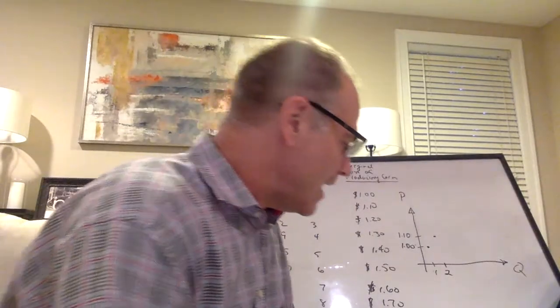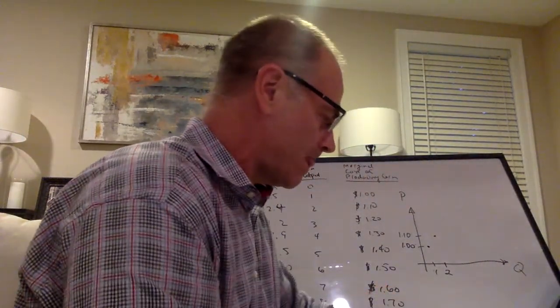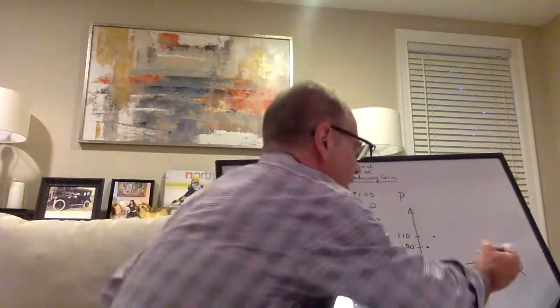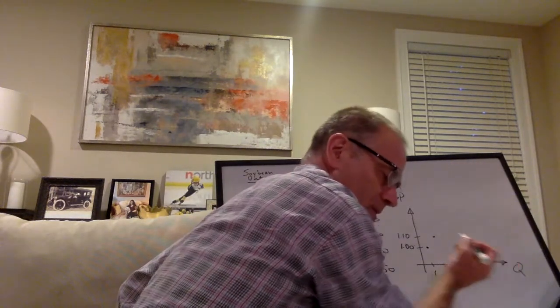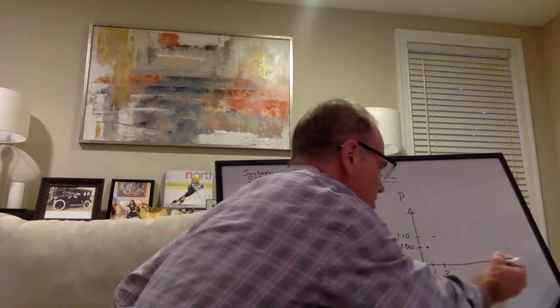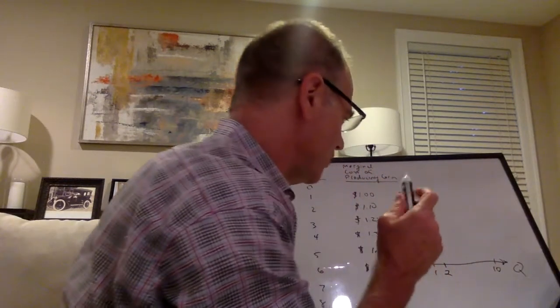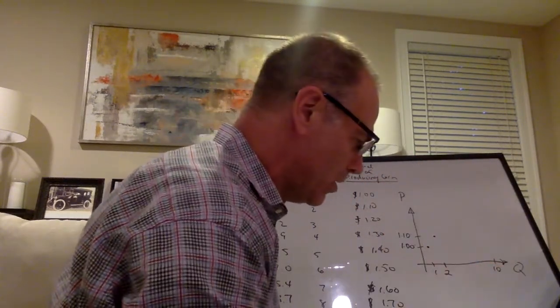I won't put all the numbers, but if you look at the book, this is figure 4.2. We get all the way to 10 units of corn.